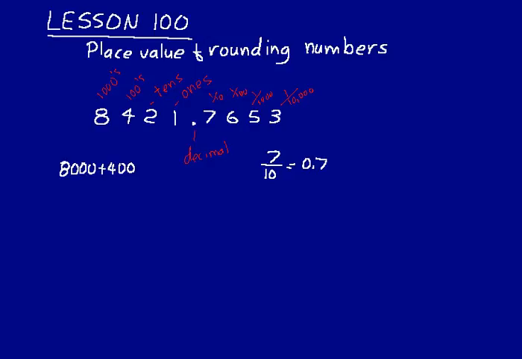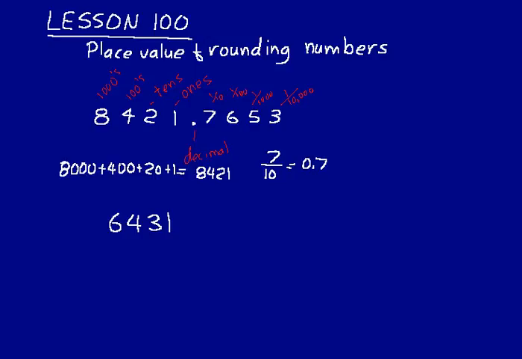It really has a value of 400. The 2, it really has a value of 20, and then the 1, it has a value of 1. And so if we added all that together, we would get that number, 8,421.